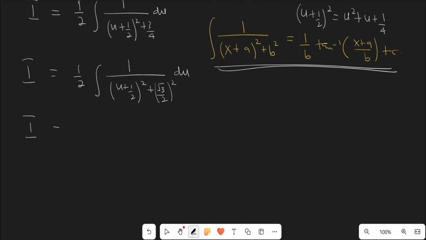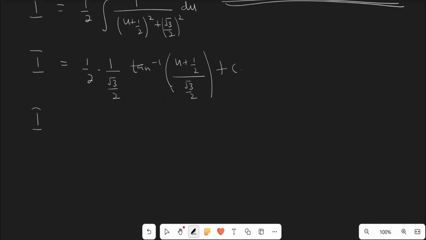So I is going to be 1/2, then 1 all over b. b here is the square root of 3 over 2. Then the arctan of x plus a. Our x plus a here is u plus 1/2 all over b, b here is the square root of 3 over 2, plus the constant of integration.